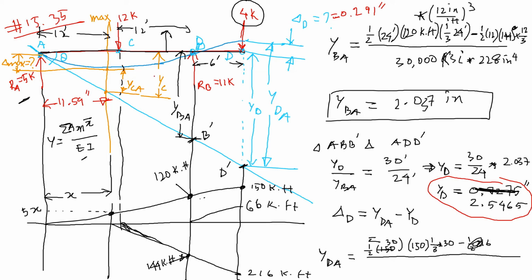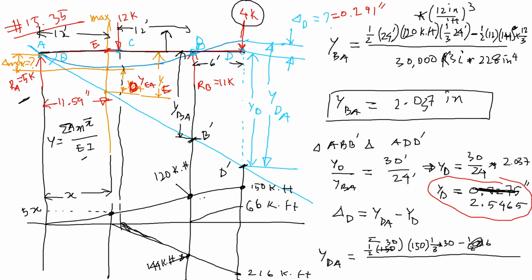We can compare triangles to get YC. Let me name this something different, it's looking confusing. Since we are trying to find the max, let's name that point as E. So it's going to be YEA and then YE, like that.